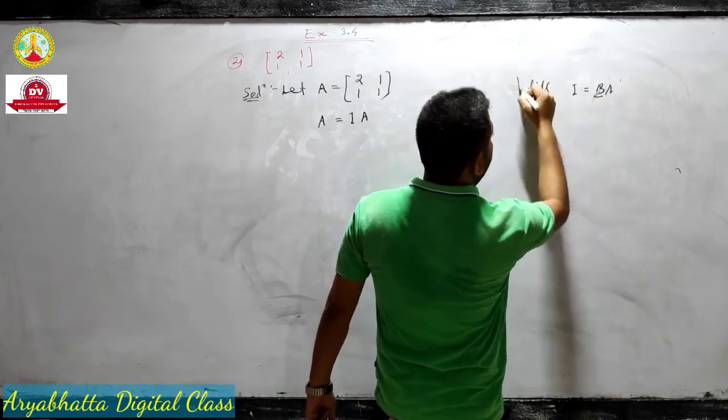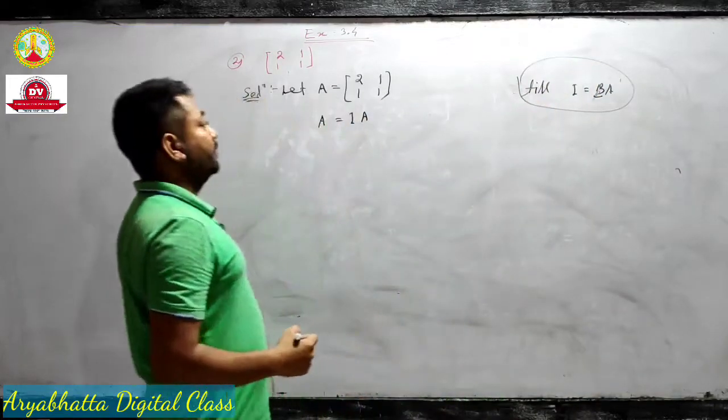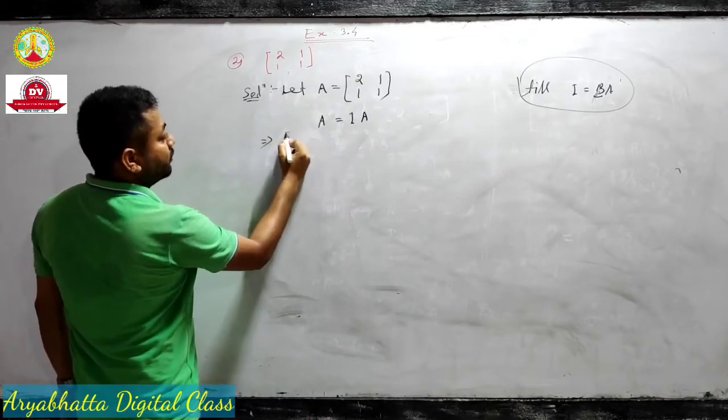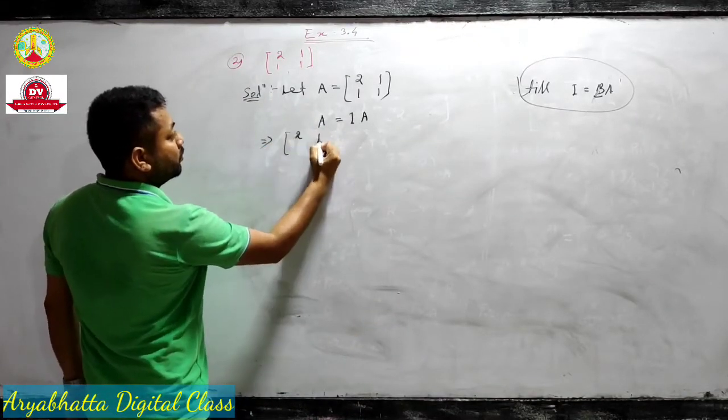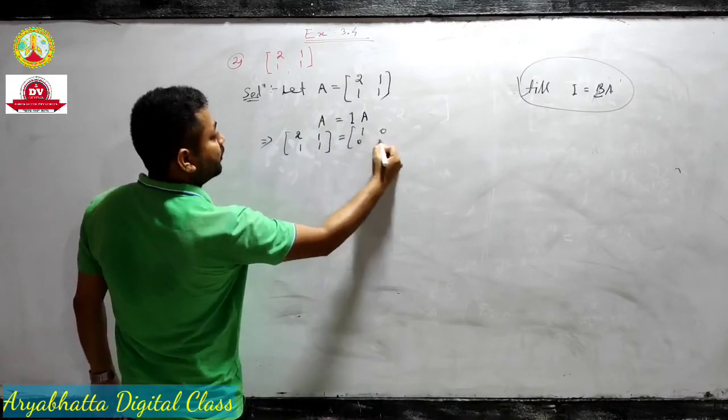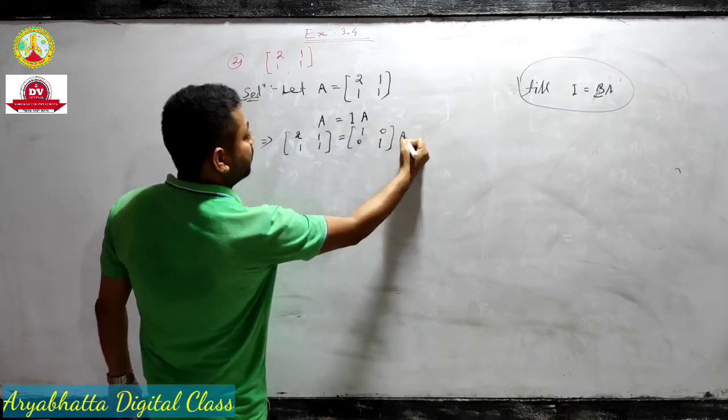Then B is called the inverse of A. That is, A equal to 2, 1, 1, 1 is equal to I, where I is the identity matrix of 2 by 2 order.